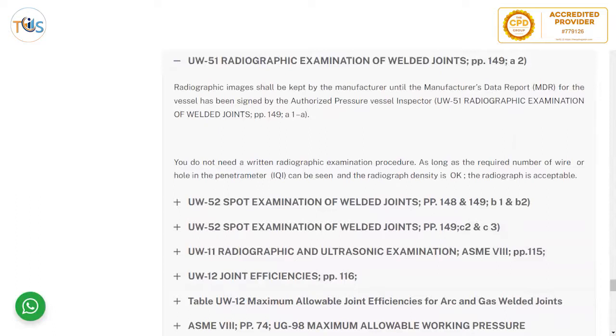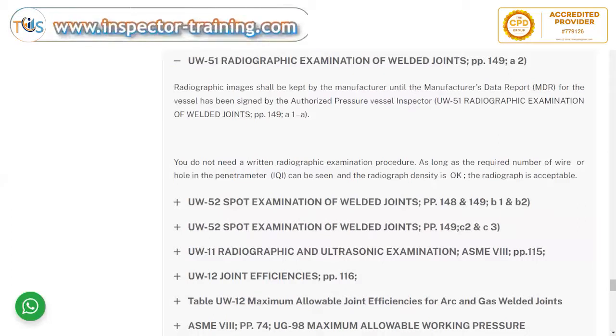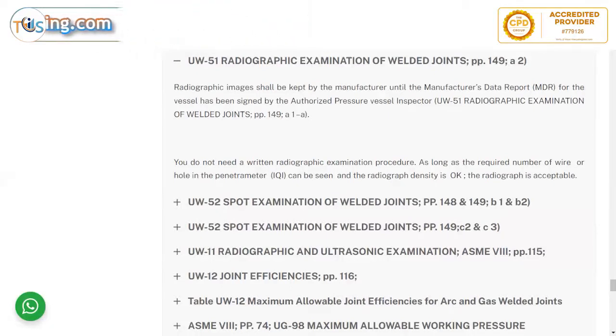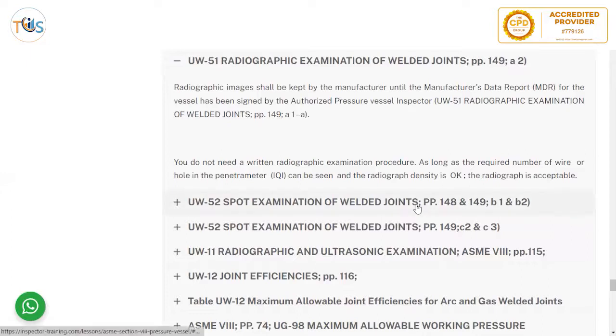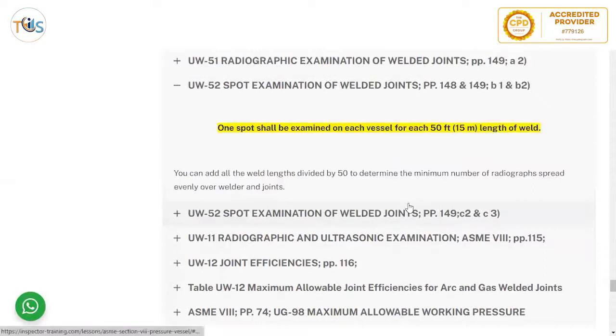If you can see the IQI, the wire number or hole number there, that is the smallest defect or indication you can see.